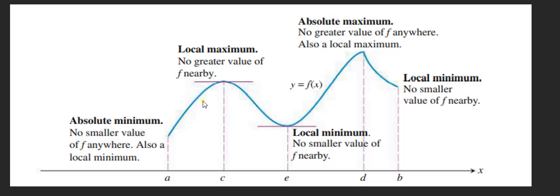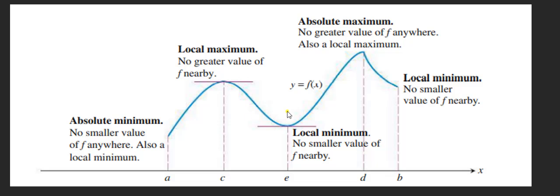What about over here? Well, we know that that's not the absolute maximum, because that doesn't give you the highest y value. But around that neighborhood, that is the highest y value, so we say that is a local maximum.